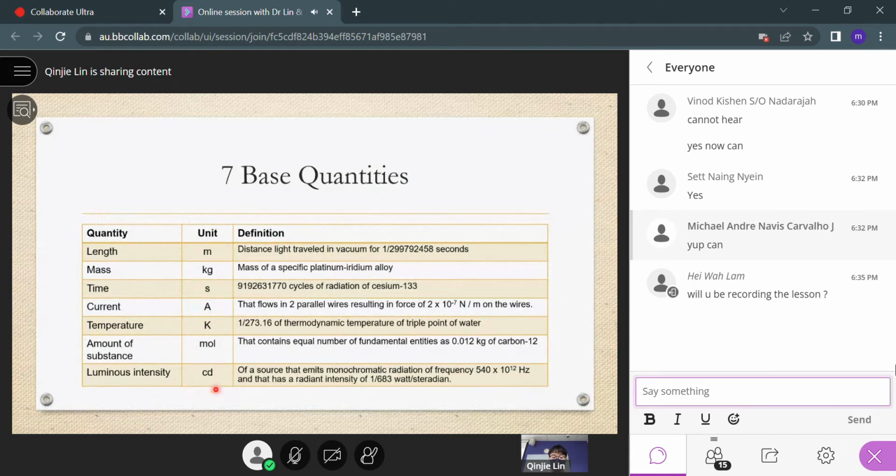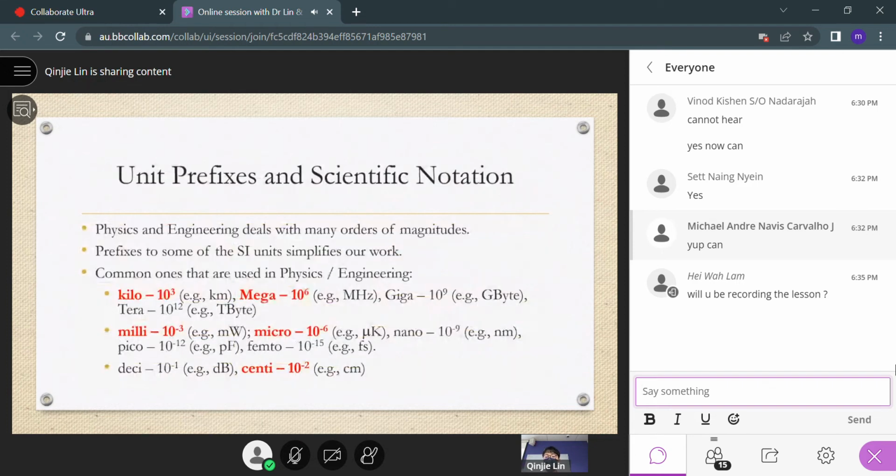These are the SI units. And amount of substance, if you do chemistry, you will see moles, and luminous intensity is for light. So the 4 at the back are not so important for this course. Later on, when you learn thermodynamics, you will touch on a lot of temperature and mole. For this course, the first 3 will be used a lot.